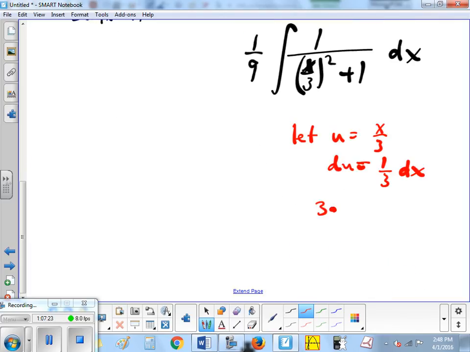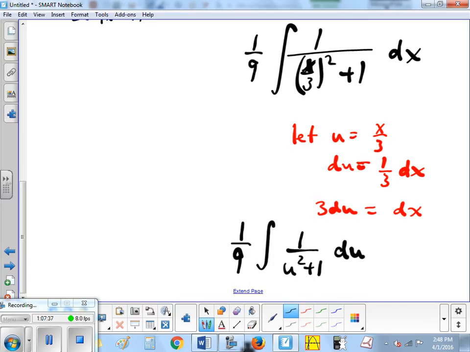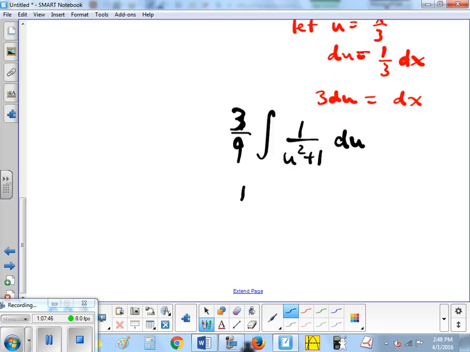In other words, 3 du is dx. And we can rewrite this as 1/9 integral 1 over u squared plus 1 times 3 du, and I'll go ahead and put the 3 out front. Getting there. So this is 1/3 arctan u, where u represents x over 3.